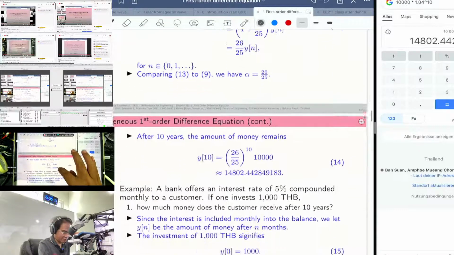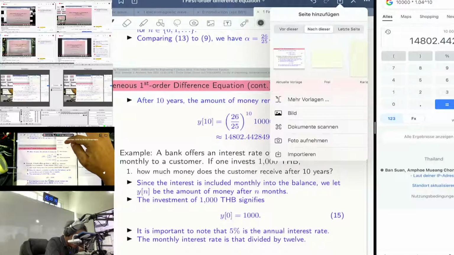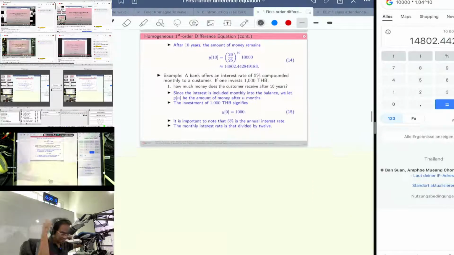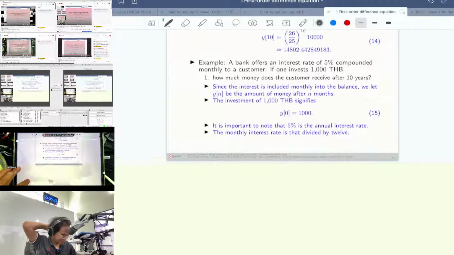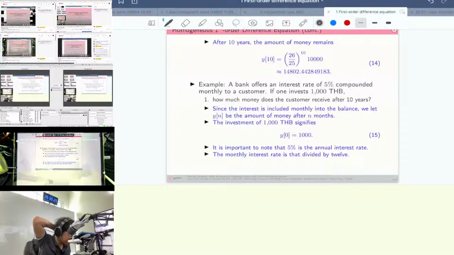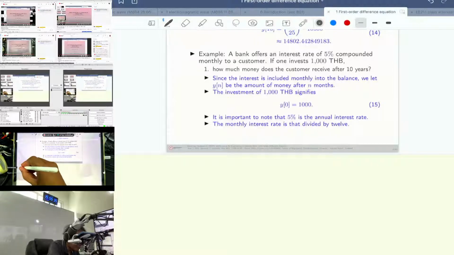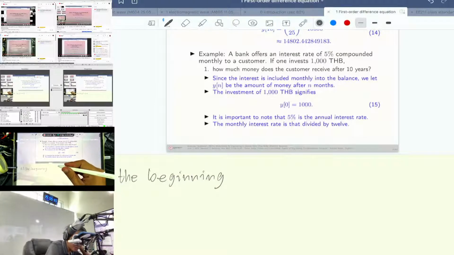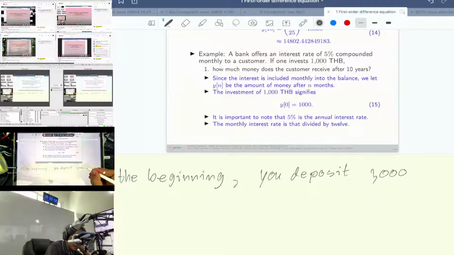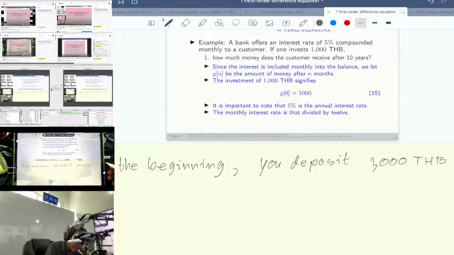So now I have to open it. Okay, at the beginning, you deposit 1,000 Thai baht.